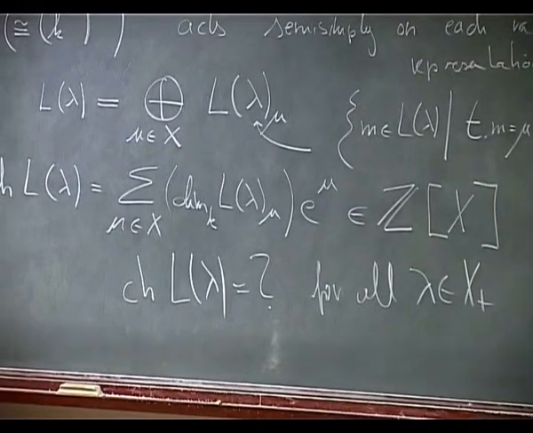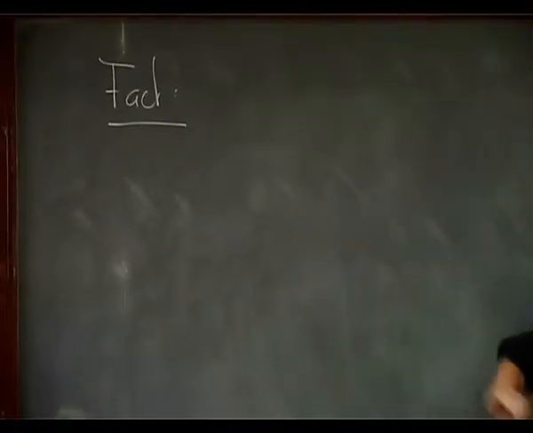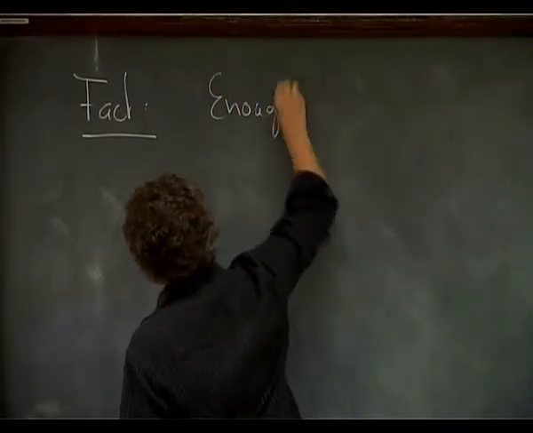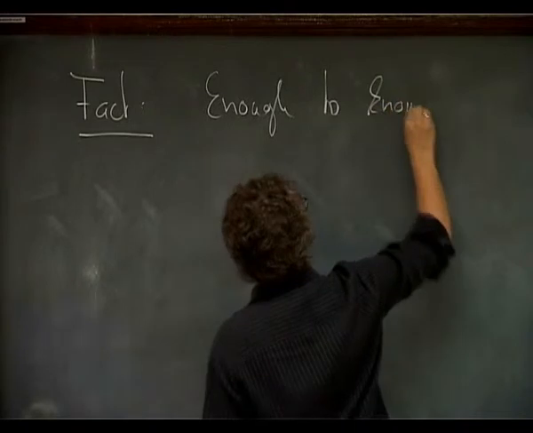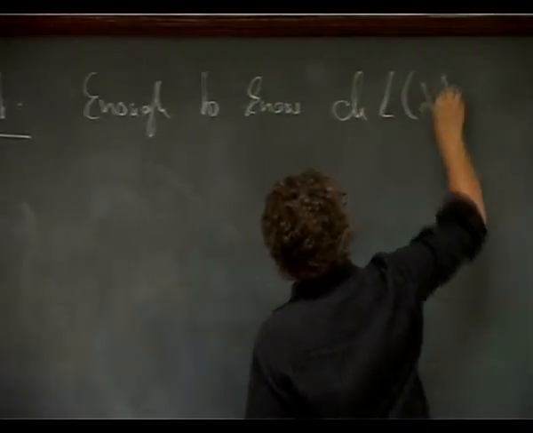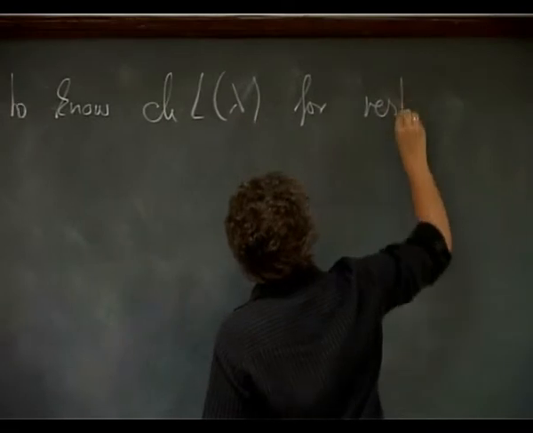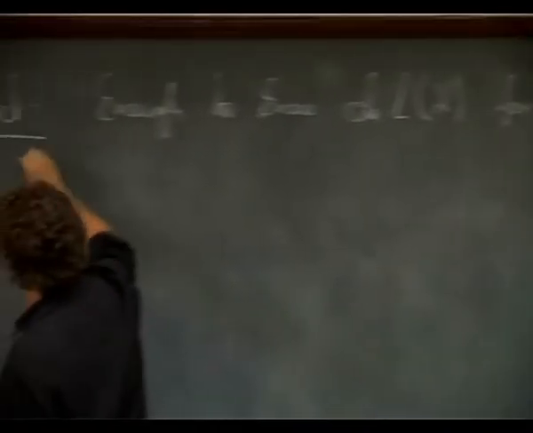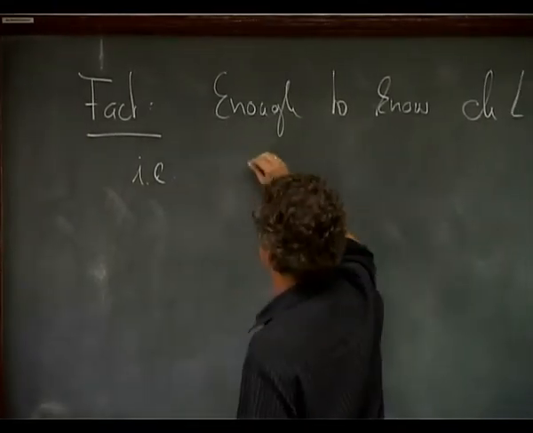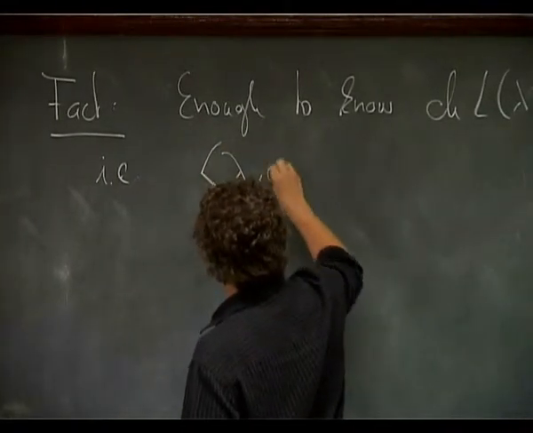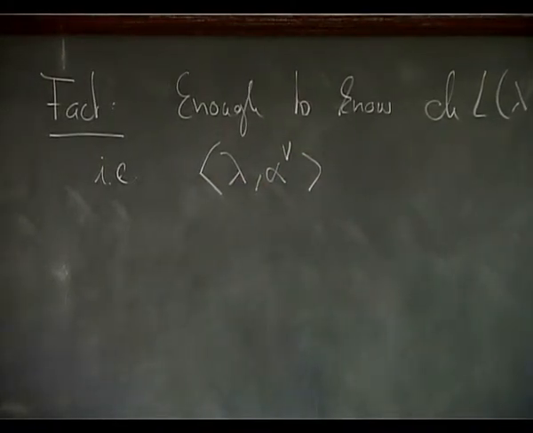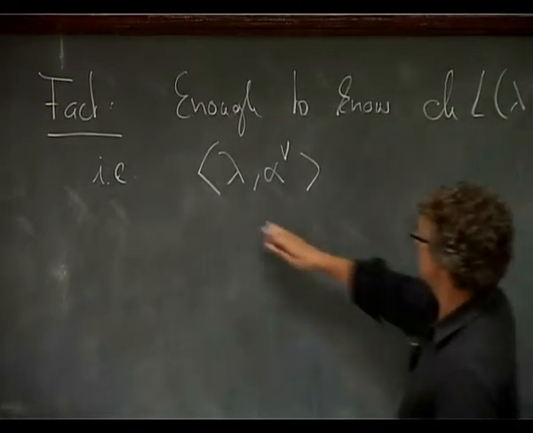So the next fact in representation theory is that it's enough to calculate this for restricted representations. It's enough to know the character of L(lambda) for restricted lambda, and that means the following. If you know there's a root system as a combinatorial base of the whole theory, let me just write it down.